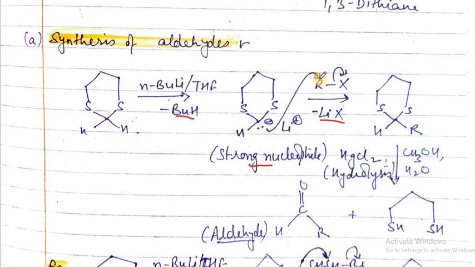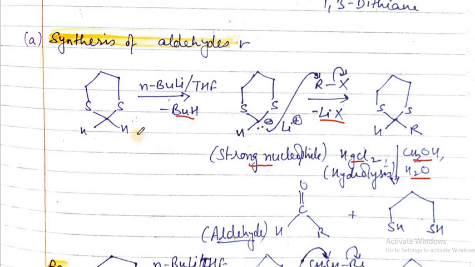So this alkyl group now joins with this carbon, and then this upon treatment with HgCl2, methyl alcohol, water, that is one type of hydrolysis, then it gives aldehydes and the open chain propane dithiol is formed as a product.